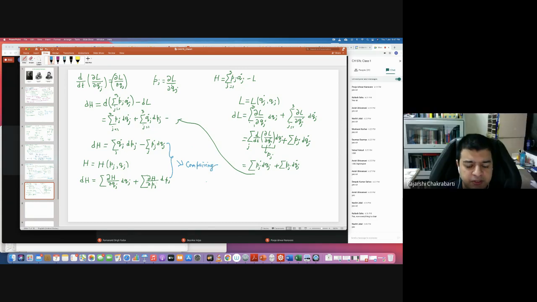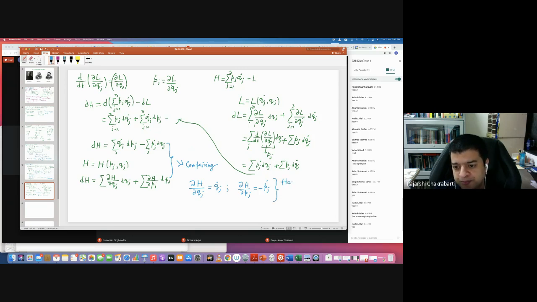So basically, if I compare these two, what I get is that ∂H/∂qj equals q̇j, and ∂H/∂pj equals minus ṗj. And you know what these are called? This is called Hamilton's equations of motion.